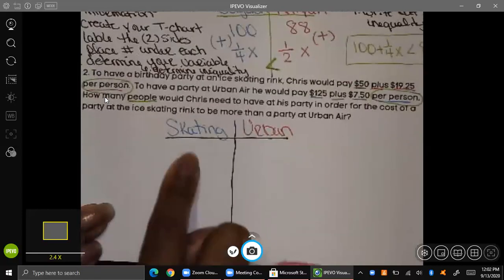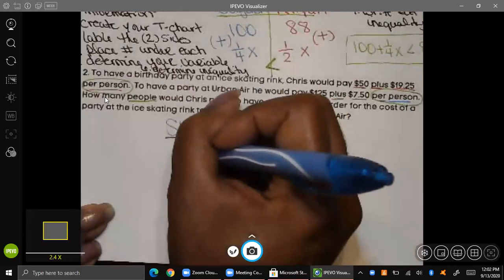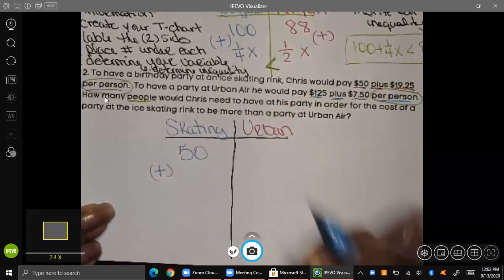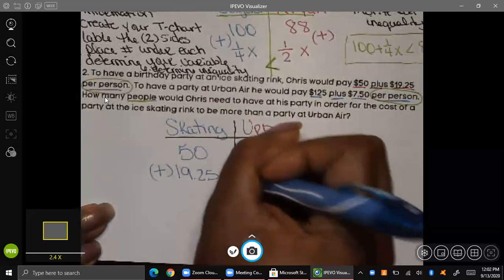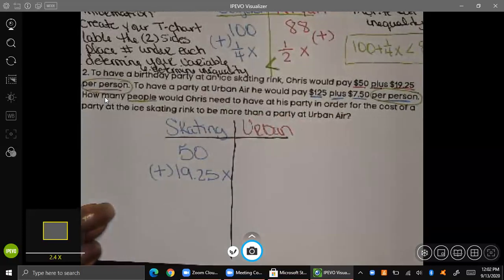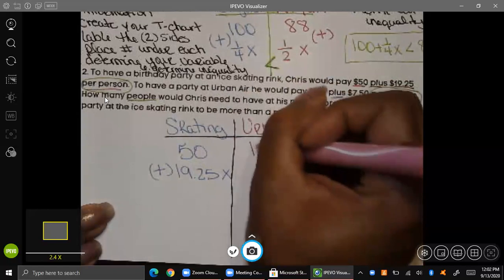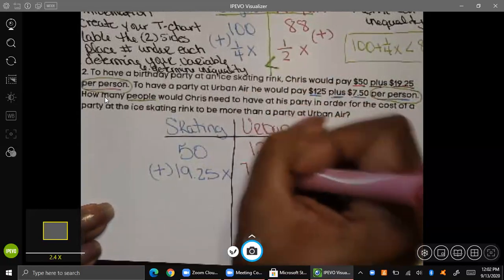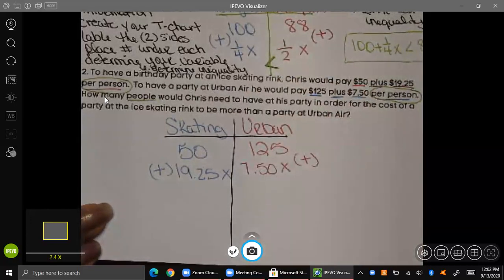To go skating, you are going to pay $50 plus $19.25 per person. So that gets your x. At Urban Air, you would pay $125 plus $7.50 per person. So that gets your x.